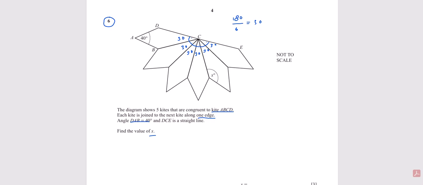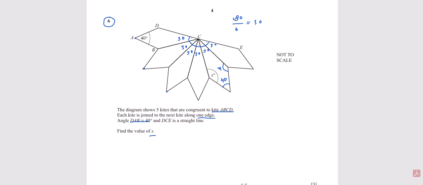And now this side and this side are all equal to 40. So this angle is also equal to 40.